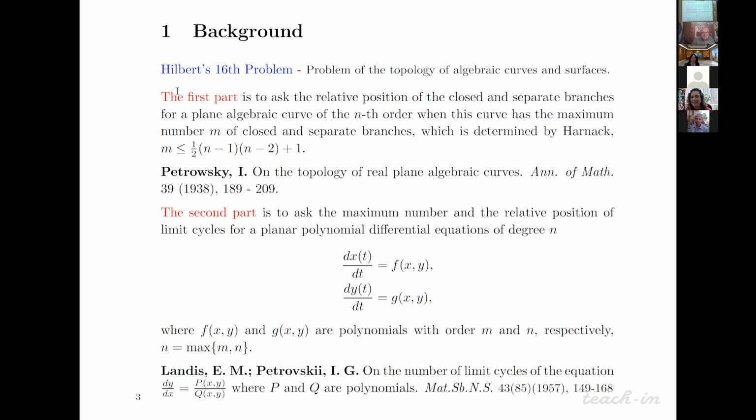This problem is divided into two parts. The first part asks about the relative position of the closed and separate branches of a planar algebraic curve of degree n, when the curve has the maximum number m of closed and separate branches.